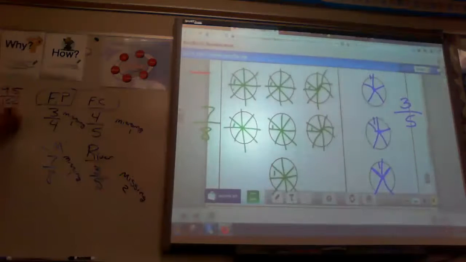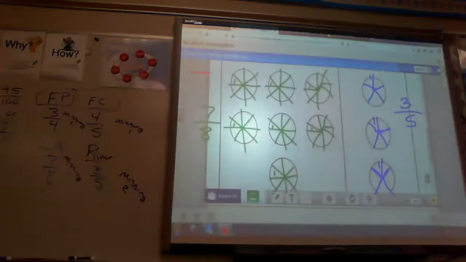Hopefully that's on the board. Or 95 hundredths or 9/10. This is missing 5 pieces. This is missing 1 piece. You guys see how the number missing isn't always the indicator.